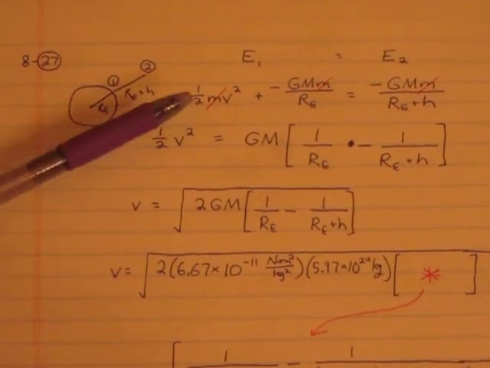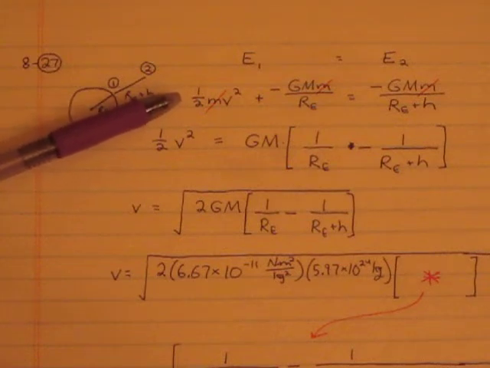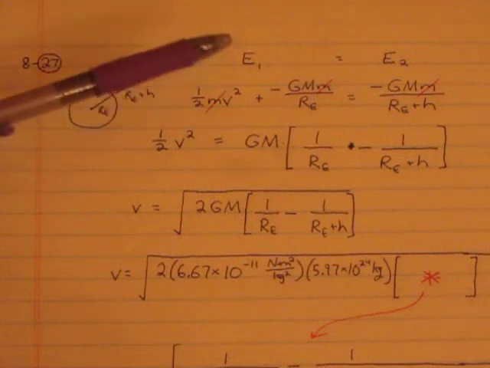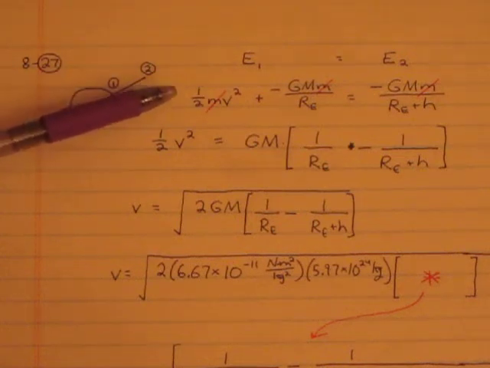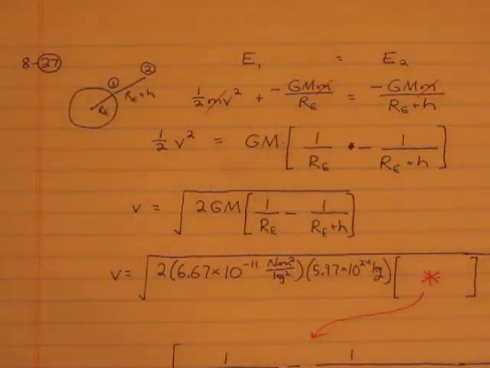You notice now, as opposed to number 25, I've broken down kinetic energy as 1/2 mv squared. Everything else is the same in the equations. Little m, the mass of whatever we're sending up, the spacecraft, is a factor in every one of those terms, so we can divide it out.